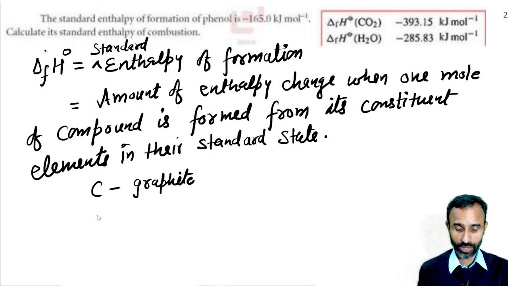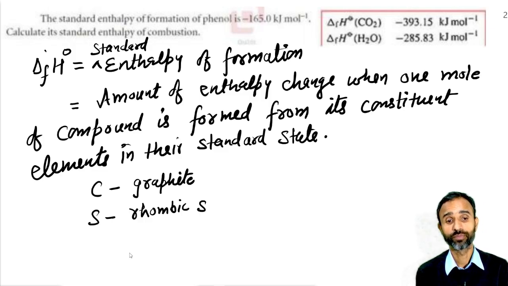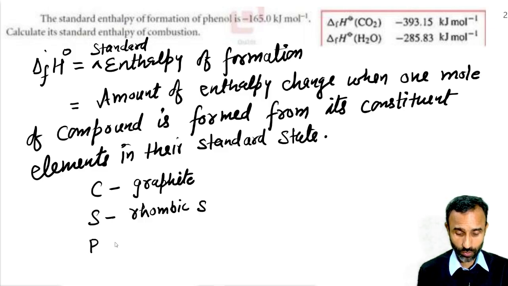So carbon is graphite. What is the standard state of sulfur? It is rhombic sulfur. And phosphorus, it is white phosphorus.